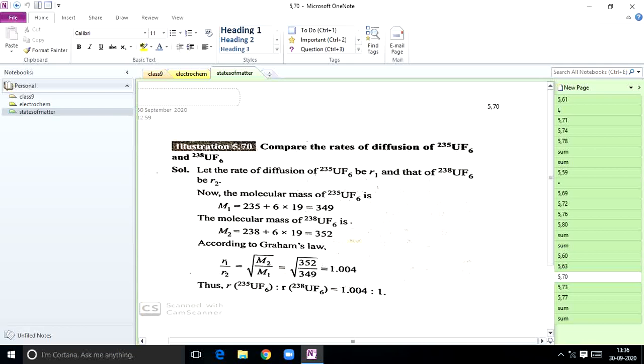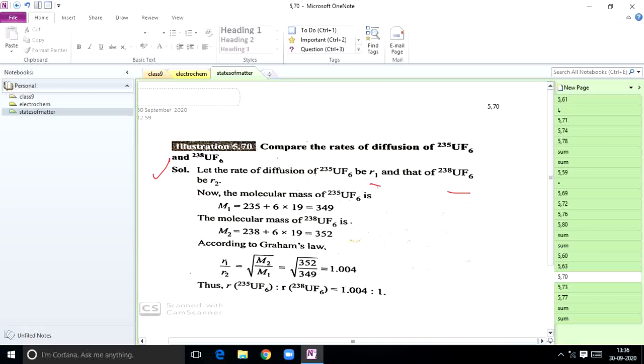So basing on that, two different uranium isotopes 235 and 238 are given. Now let the rate of diffusion of uranium 235 be R1 and uranium 238 be R2. Molecular mass of uranium 235. So here, how will you calculate molecular weight?